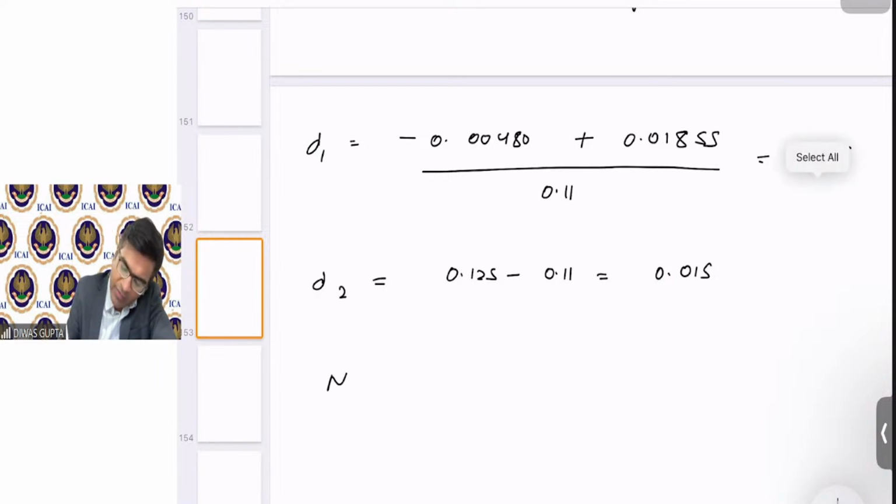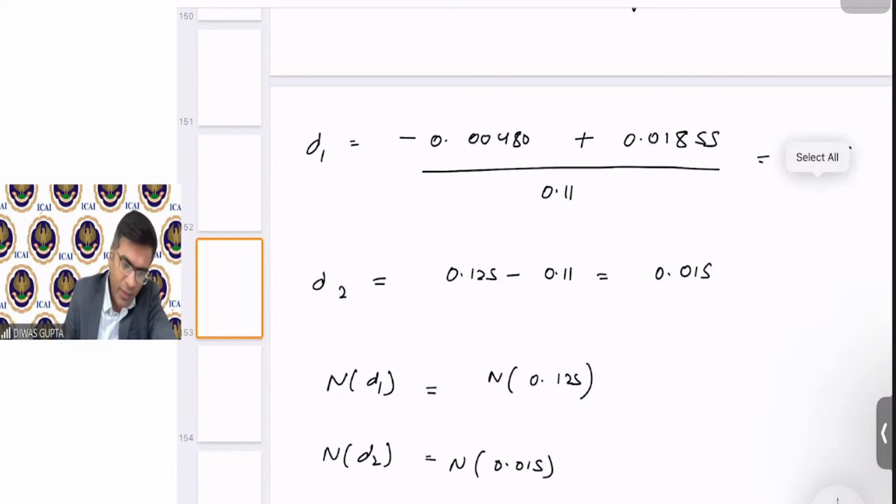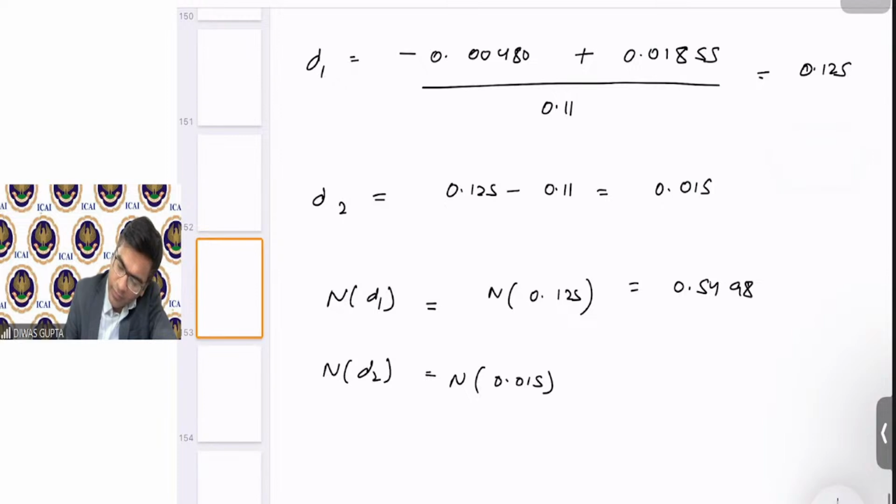So ND1, ND2, N of 0.125 and N of 0.015 is equal to 0.5498 and 0.5060.